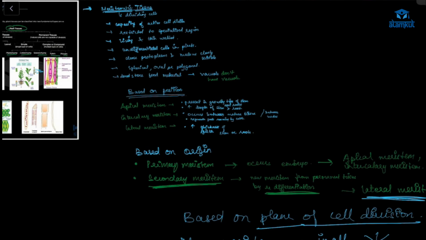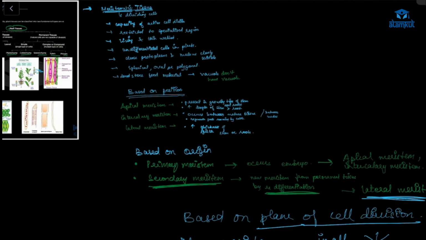Then we learned about the characteristics of meristematic tissues, and about apical, intercalary, and lateral: apical is responsible for growth in length, lateral for growth in breadth, and intercalary helps in the regrowth or regeneration of plants.